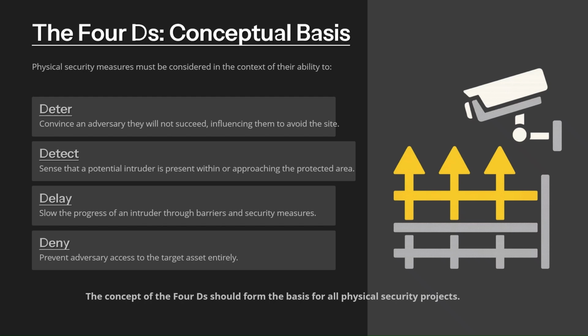Third, delay. Once detected, barriers and controls should slow down the intruder, buying time for response. Finally, deny. The ultimate objective is to prevent the attacker from achieving their goal. These 4 elements work together as a layered defense system, and every security design should incorporate all 4.